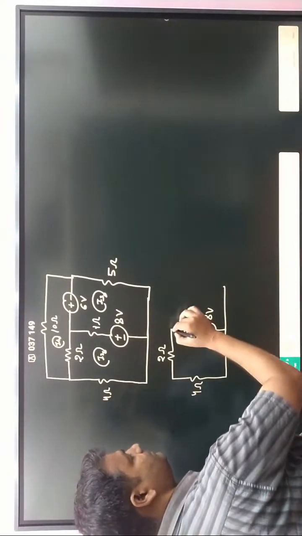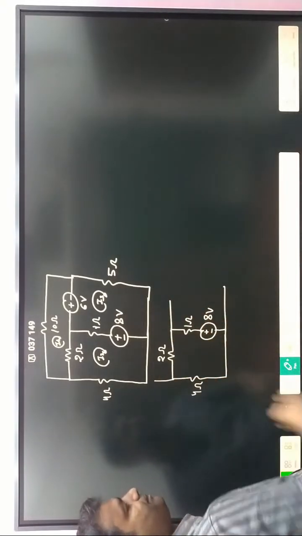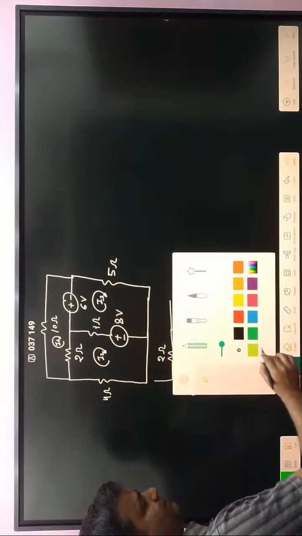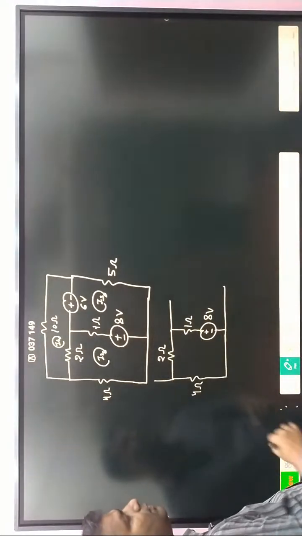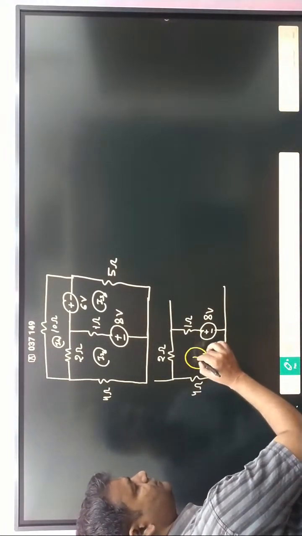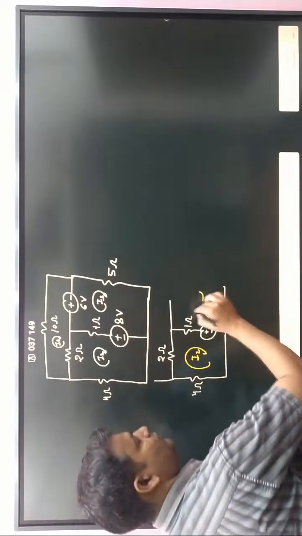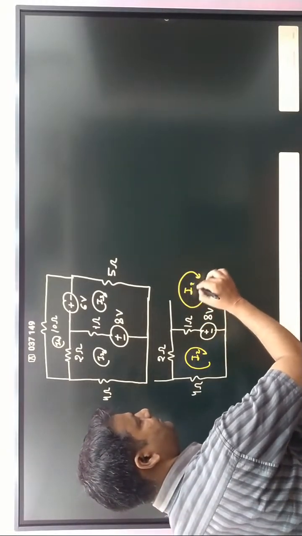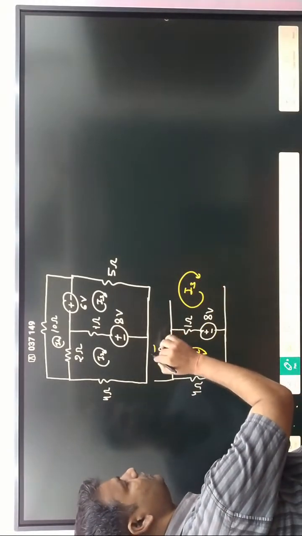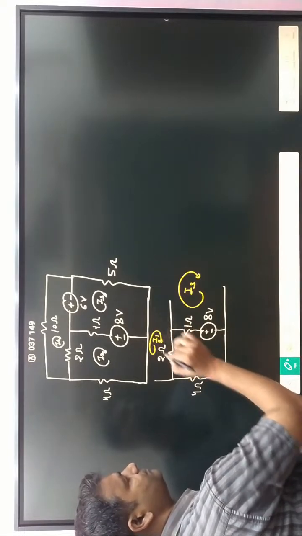Make the circuit like that. Another way: here loop current I2, here loop current direction I3, and here loop current direction I1.